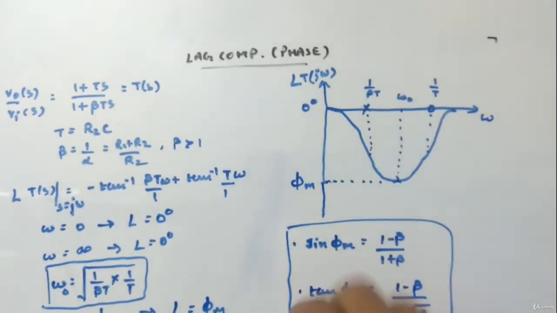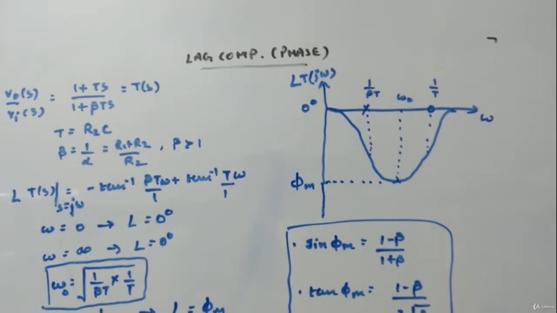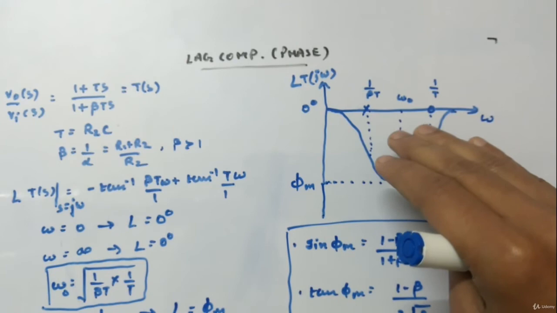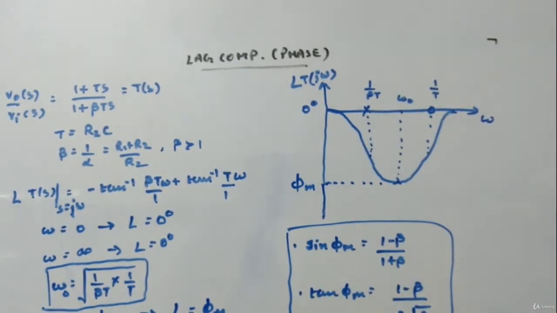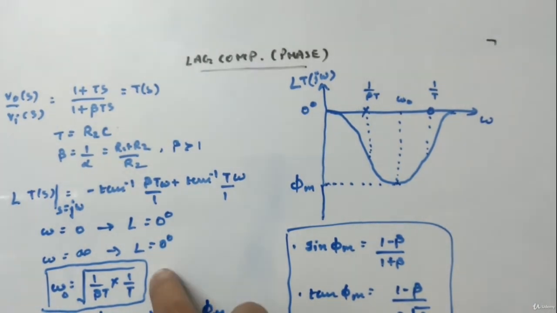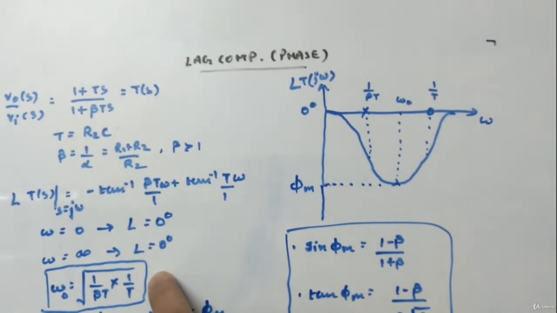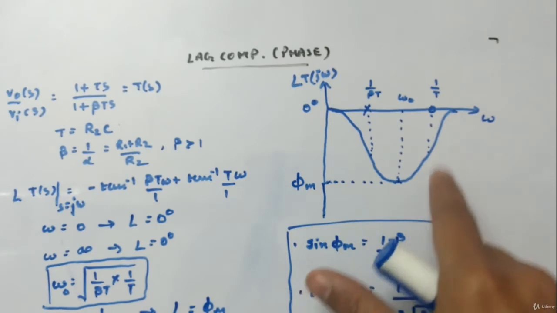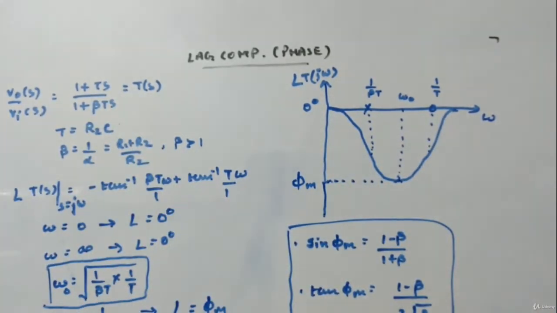So in this direction the angle is negative. In a lead compensator we had this curve above 0 degrees. This is the important formula to remember, and this curve is important.